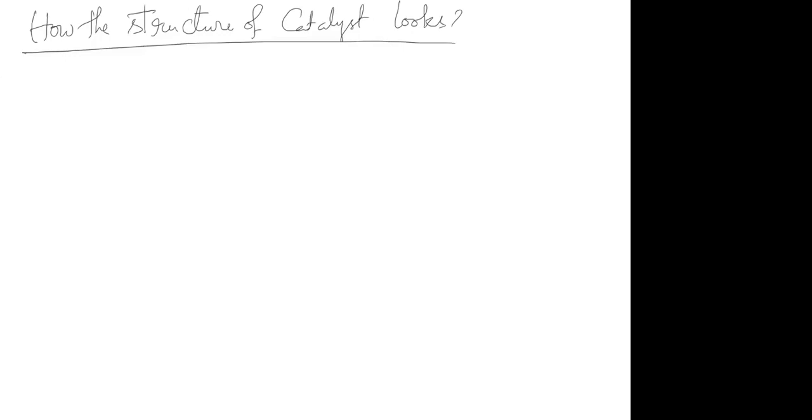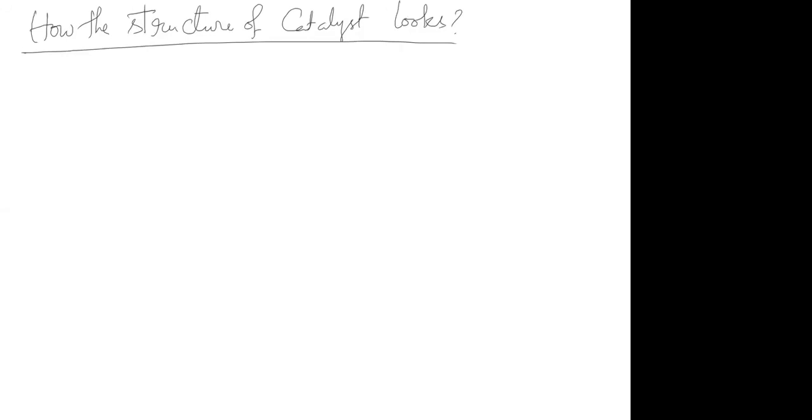Now, next is how the structure of the catalyst looks. The catalytic materials which are useful, like platinum, gold, molybdenum, and nickel, are all extremely costly materials; iron is cheap.